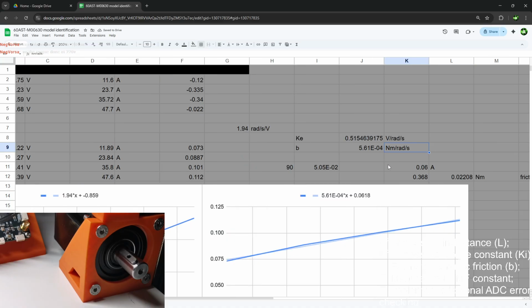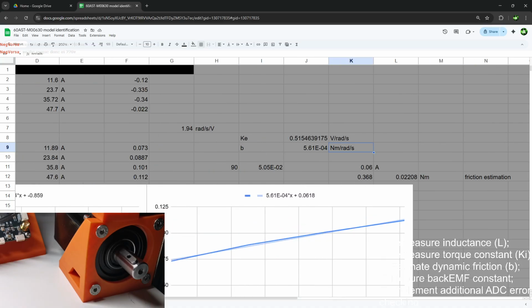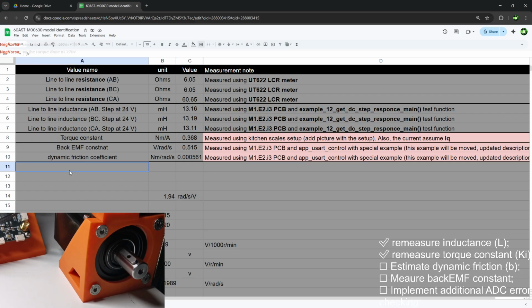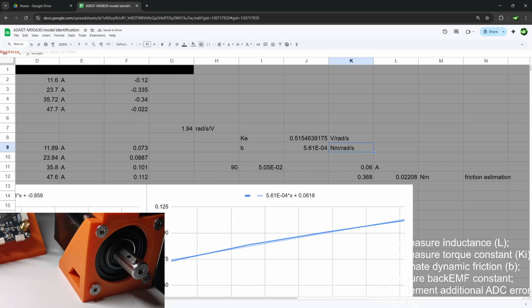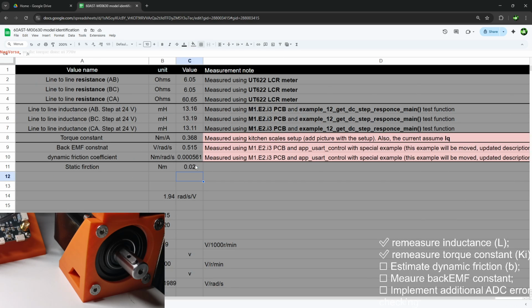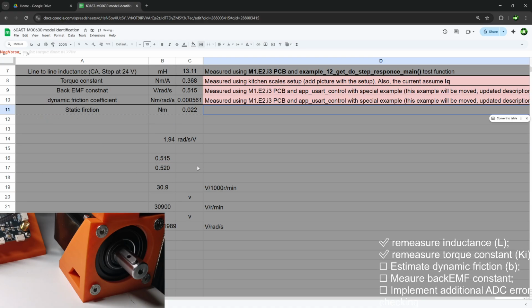And we also estimated a friction. So it will be static friction, in Newton meters, and it will be 0.022, like this. Okay.